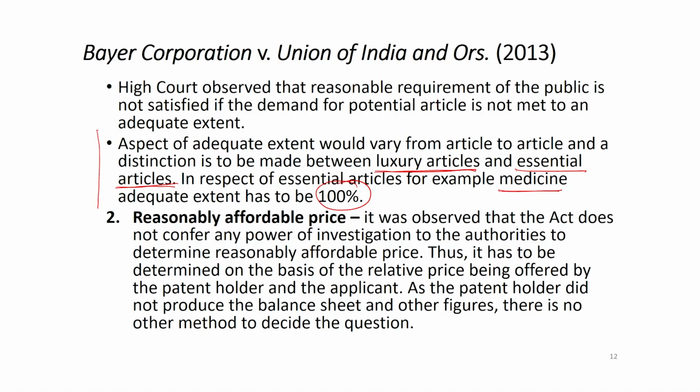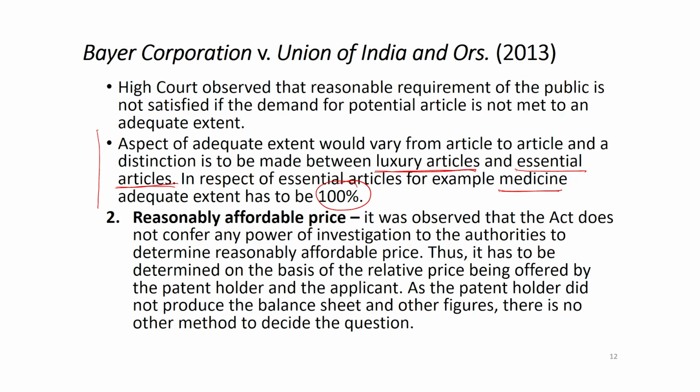The second ground was reasonably affordable price. The court said that the Act does not confer any power on the controller or any authority under the Act to decide what is a reasonably affordable price. Since there is no mechanism, no formula, no power given in the Act, it has to be decided on the basis of relative prices offered by the two parties.